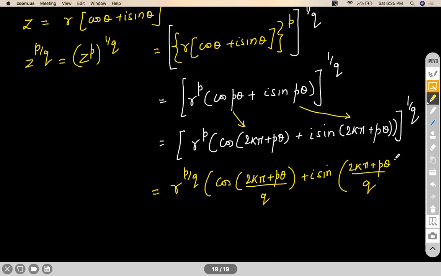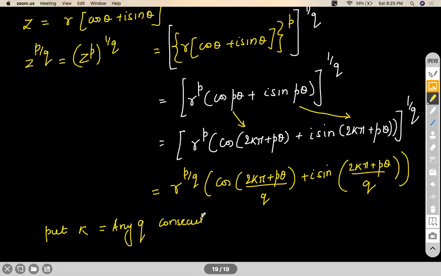Now, in order to get q different answers, he said that put k as q consecutive integers. Any q consecutive integers.